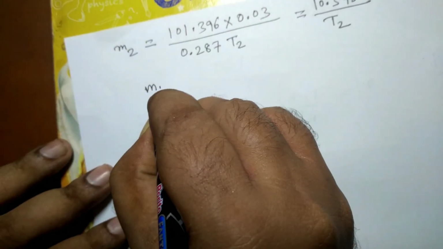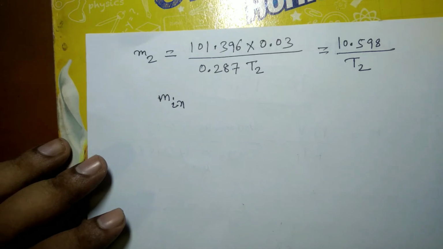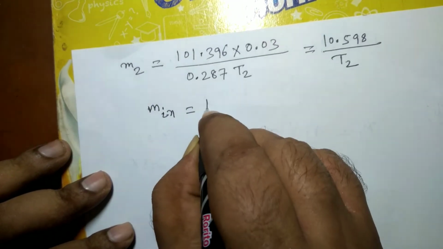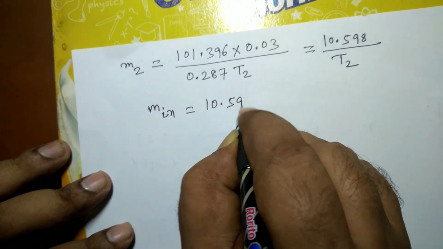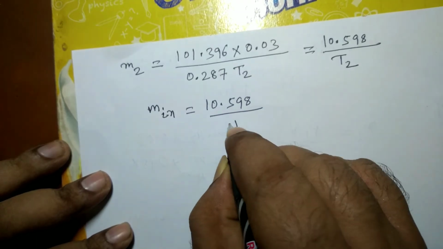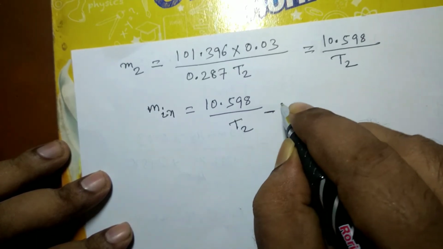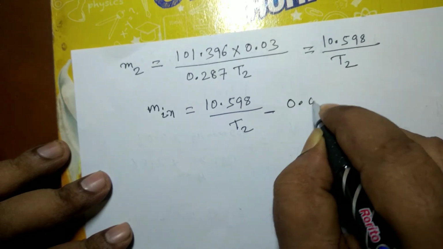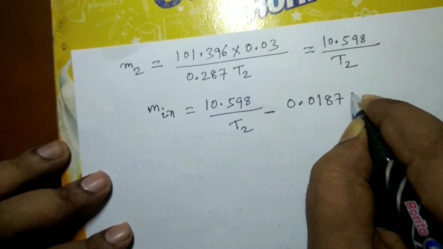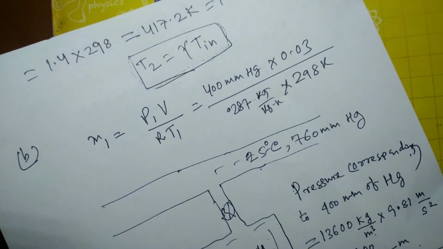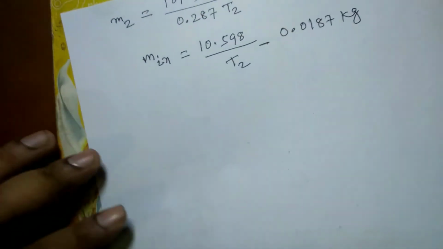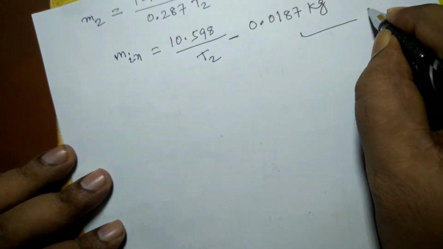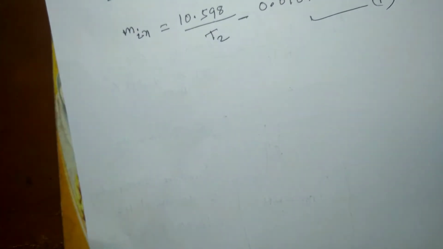So M in, M out will be zero here, no mass is going out, is equal to 10.598 divided by T2 minus M1, which is 0.0187 kg. So this is our equation 1, principle of mass balance.